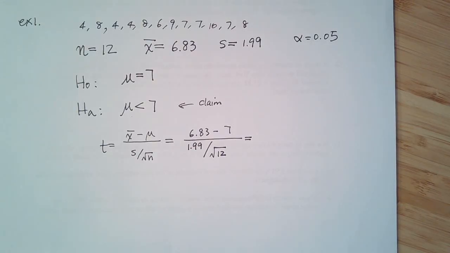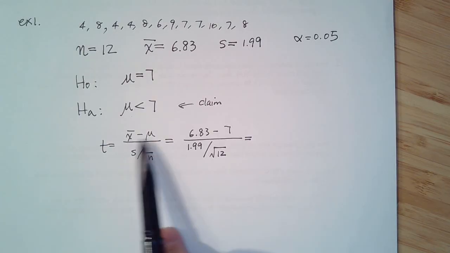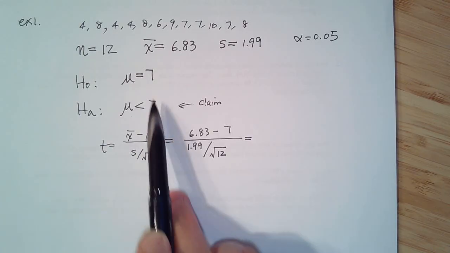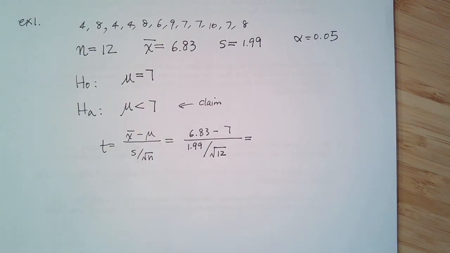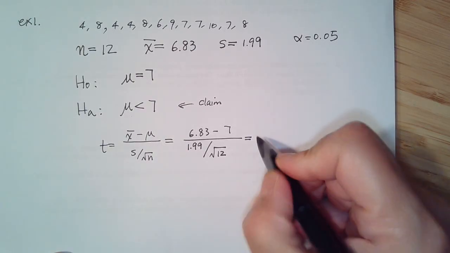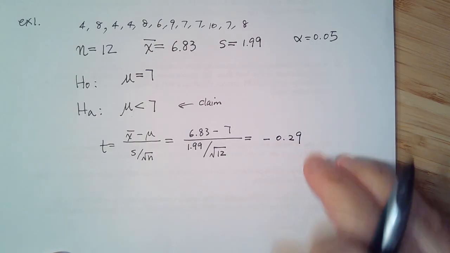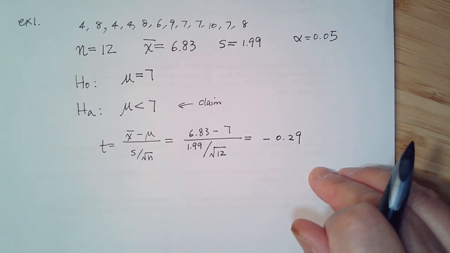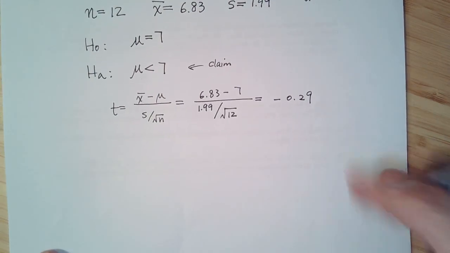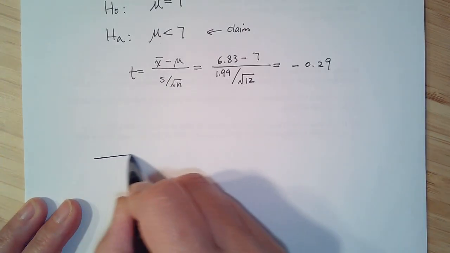So this is how you enter the value. Here is x bar, and mu is the one that you have in the null hypothesis. And then s over square root of n, and my answer is negative 0.29. That's my t. Okay, so let's see. I'm going to draw the curve t.